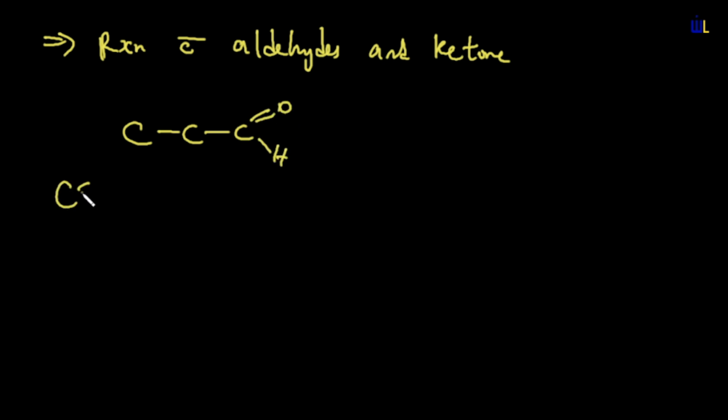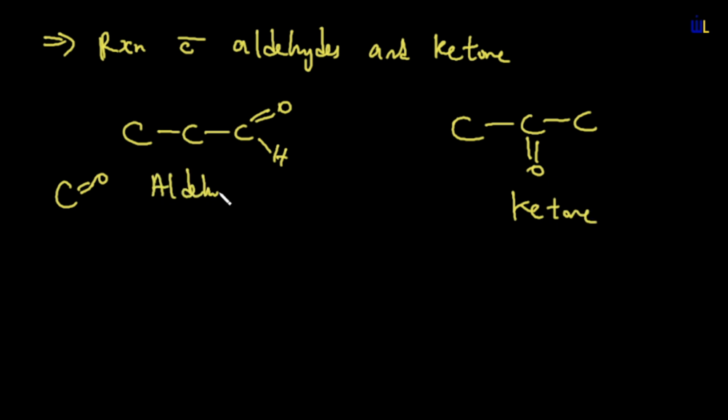A carbonyl group is simply carbon having a double bond to oxygen. And when that particular carbonyl group is terminally placed in a particular chain of hydrocarbons, automatically this is referred to as an aldehyde. If the carbonyl group is located on a non-terminal carbon atom, automatically you refer to this as a ketone. So this is a ketone, while this is an aldehyde.